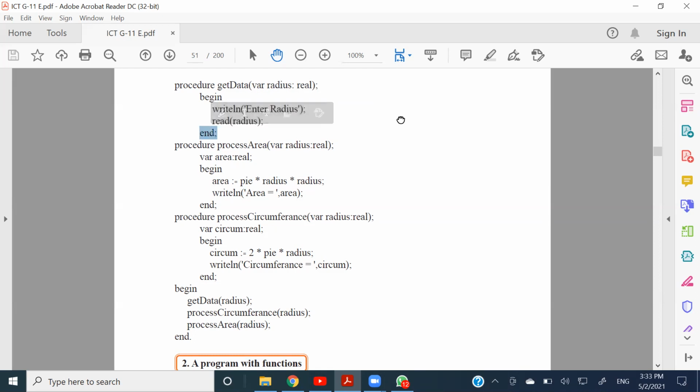Then, for these two statements to execute, from which statement is the procedure asked to execute? In this program, what is the statement asking the get data procedure to execute?